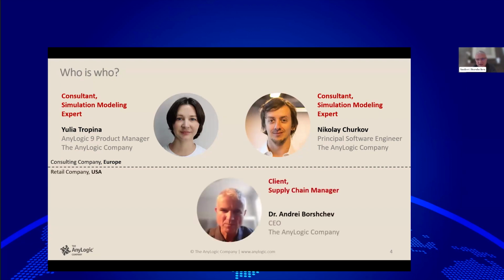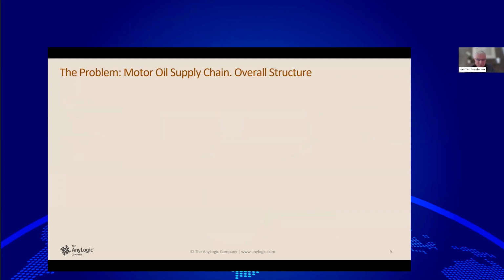And I am a supply chain manager working for a retail company in the United States, operating out of and presenting from New York. So I go first and do the problem statement, and then I will pass the presenting to the consulting guys.